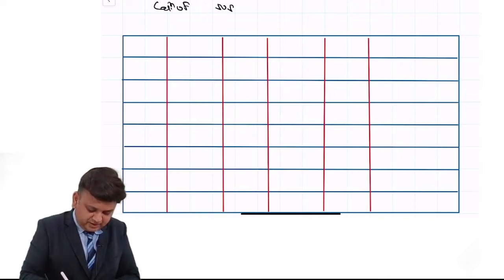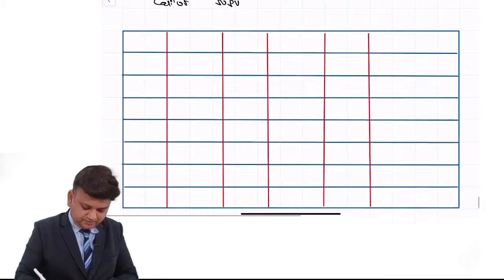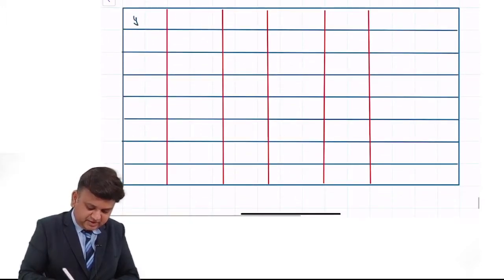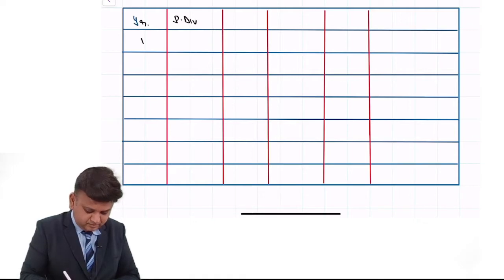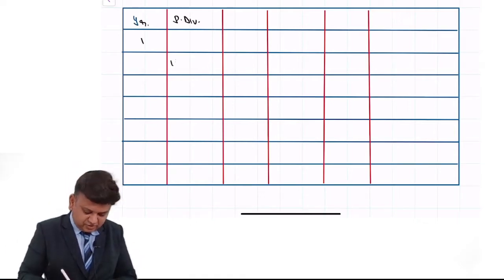Calculation of NPV. Column number 1 is year. Then there is preference dividend income. The rate of preference dividend is given for the first year, 10 percentage.